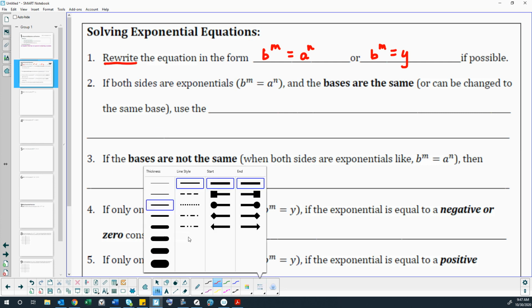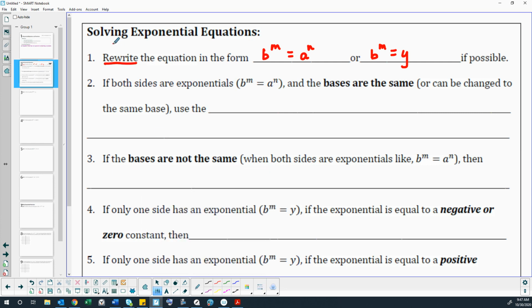Maybe make yourself a little note, because we're going to see that later: divide out coefficients.